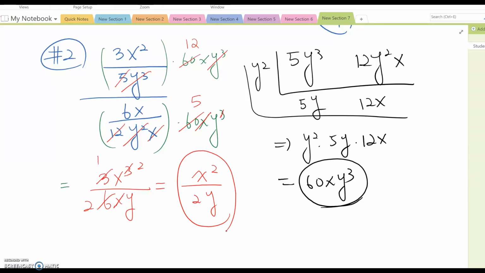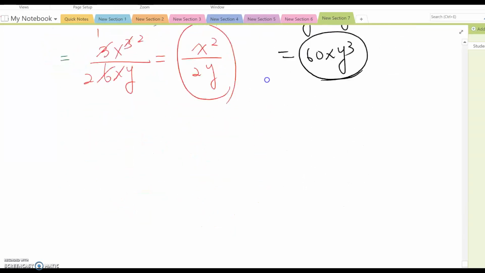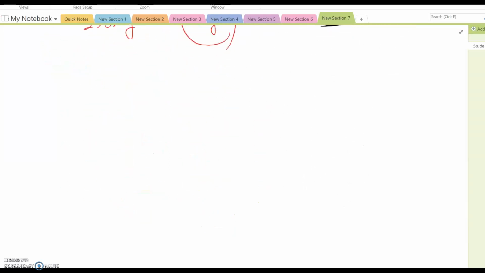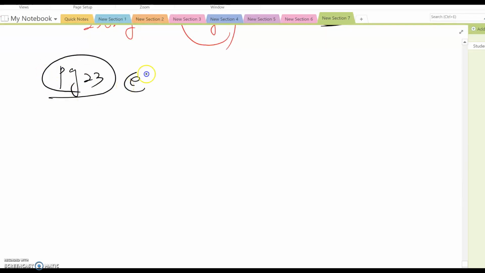Now, what about even more complicated stuff, such as page 23, letter E: 1 over a minus 1, over 1 over a. When you look at the numerator, this is the only denominator.